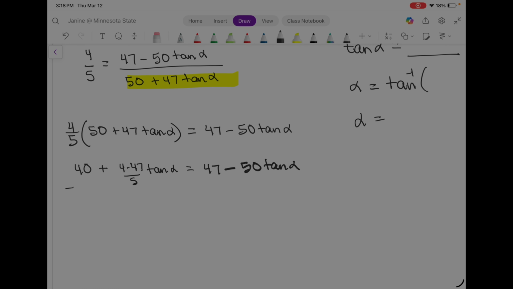Let's subtract 40 on each side and add 50 tangent alpha on both sides, which means we have 50 tangent alphas plus, grabbing my calculator, 4 times 47 divided by 50. All right, this side is just a 7.